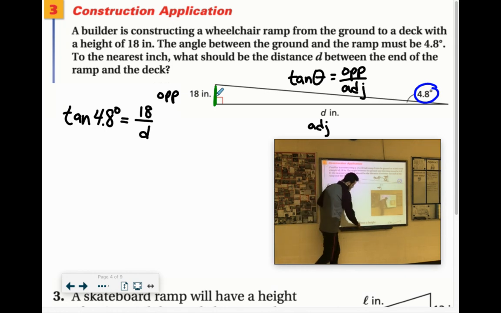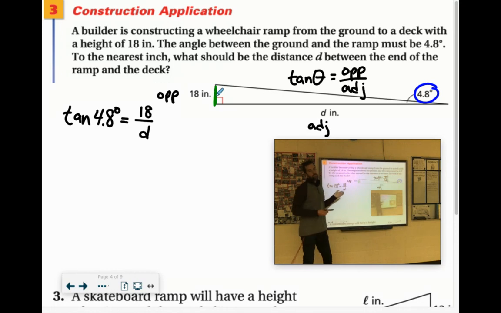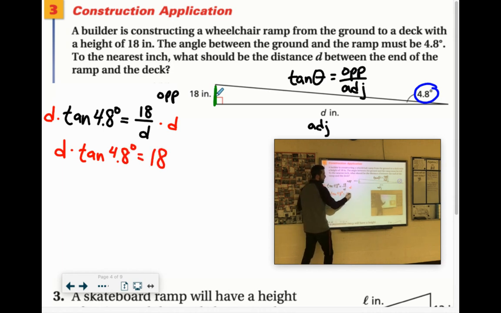Now you can get the tangent of 4.8 right now in your calculator and round it, but I would say wait as long as you can. Let's move this equation around a little bit. I see divided by d, so we can multiply by d on both sides. So we'd have d times the tangent of 4.8 degrees equals 18.